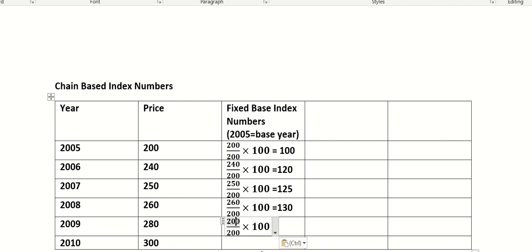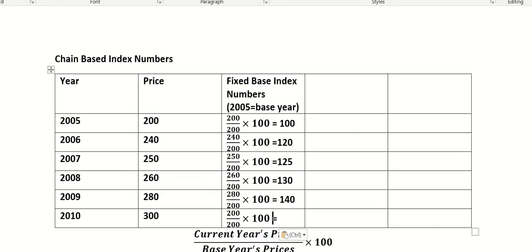Your current year is 280, 280 by 200 into 100 comes to be 140. Then we have 300 by 200 into 100. So this is 150. So this is how we have calculated fixed base index, right?